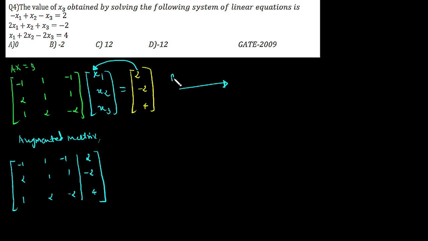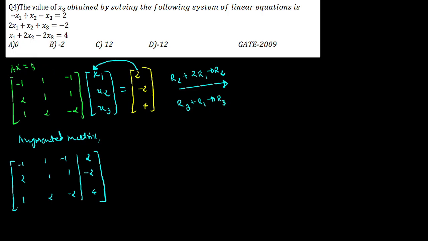If I add 2 times r1 to r2, then this element will be 0, because here we have plus 2 and minus 2 after multiplying this row by 2. So r2 plus 2 times r1 forms the new r2, and in the same way let's add r1 to r3, and it gives me a new r3.